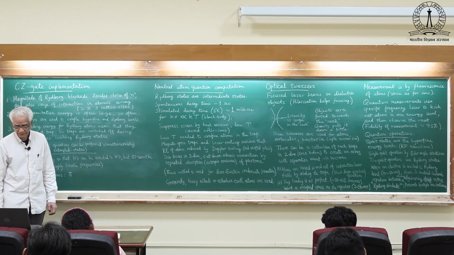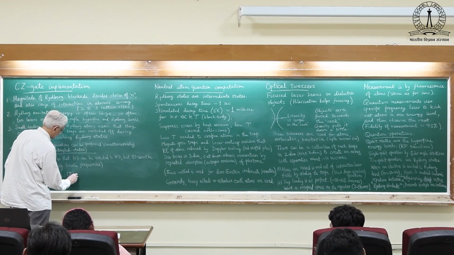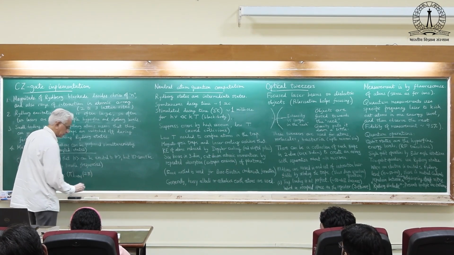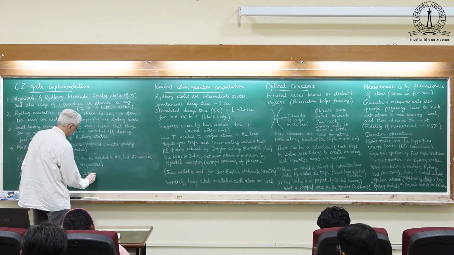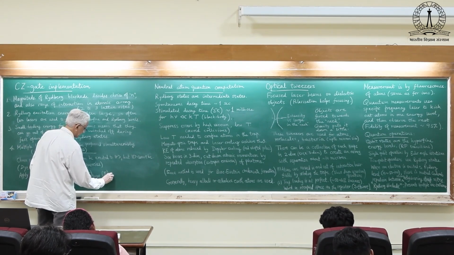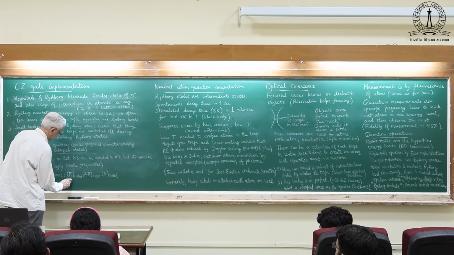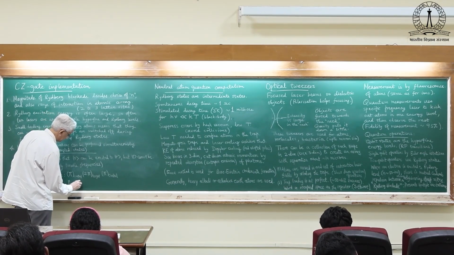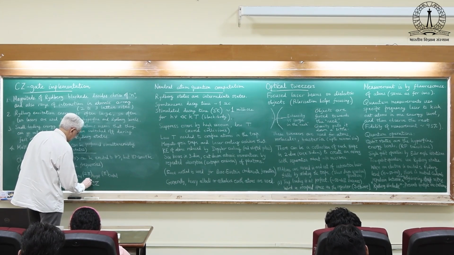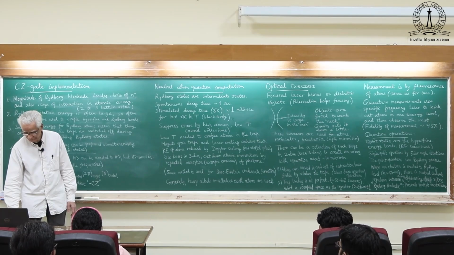The pi pulse on the control qubit, then 2 pi on the target qubit, and then pi again on the control qubit, to achieve the operation which is negative of control Z. The minus sign is just an overall phase.